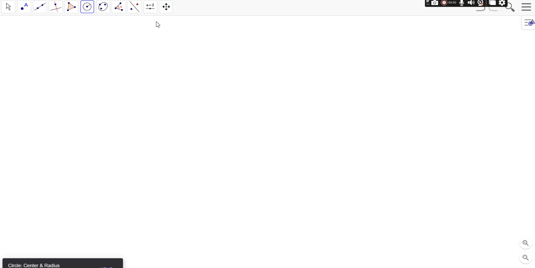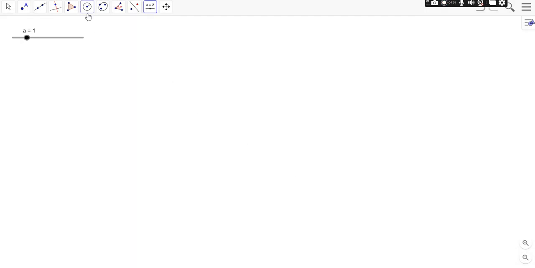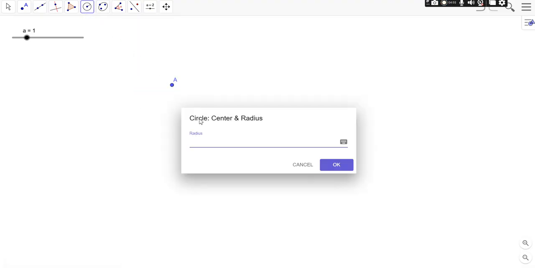Tangent to a circle is a line which touches the circle at only 1 point. So we'll discuss some more properties related to the circle and its tangent. Okay, so let's draw a circle with center some value.